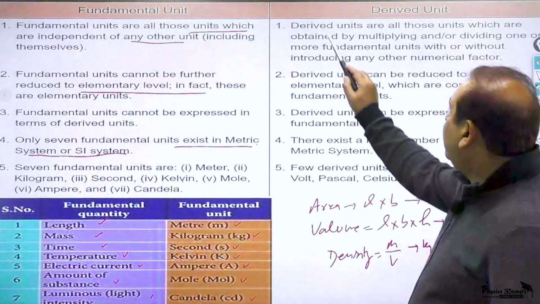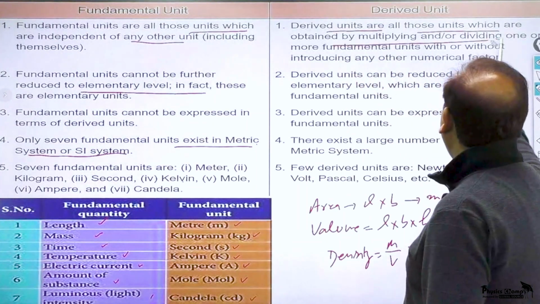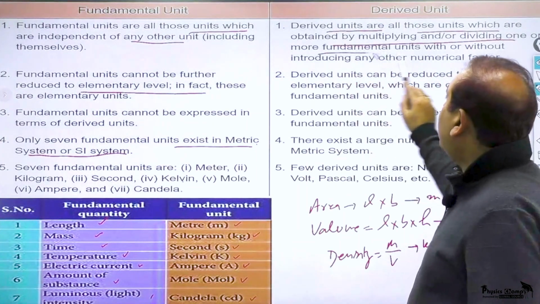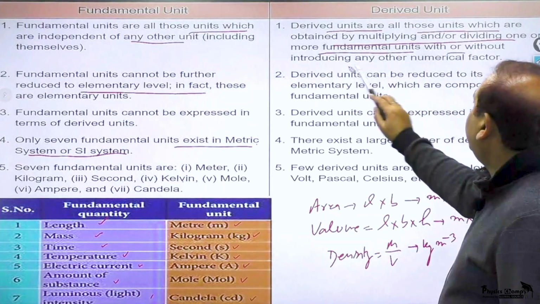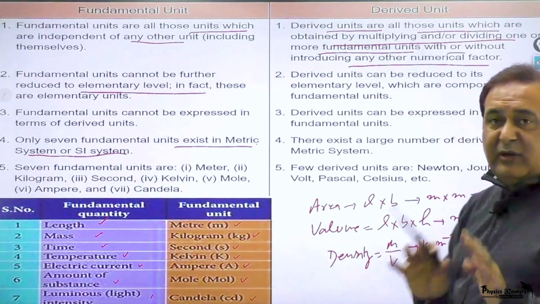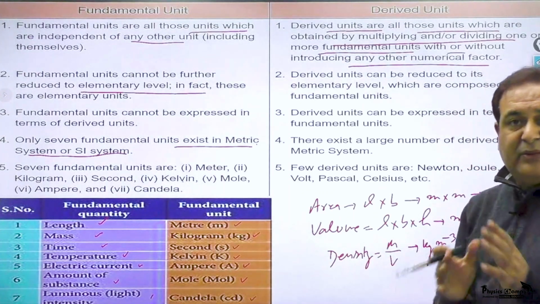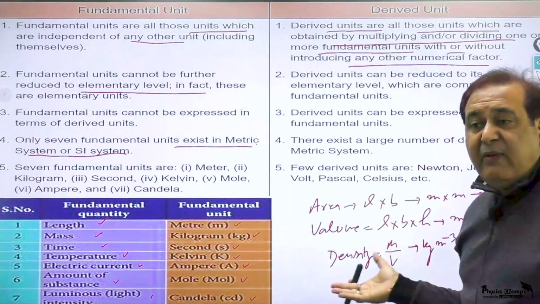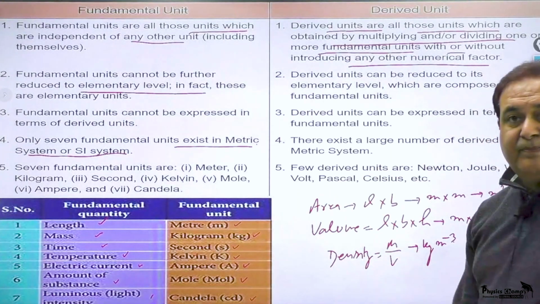So derived units are all those units which are obtained by multiplying and dividing one or more fundamental units with or without introducing any other numerical value. So it is not necessary that you are saying density is 10 kilogram per meter cube. Just by multiplying or dividing these fundamental units, you are getting these derived units.